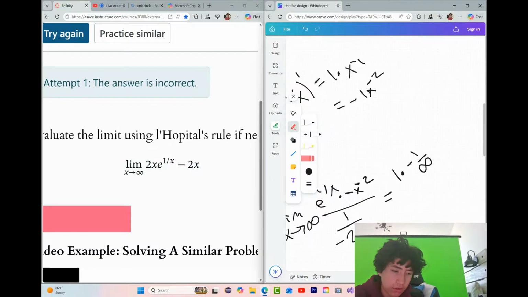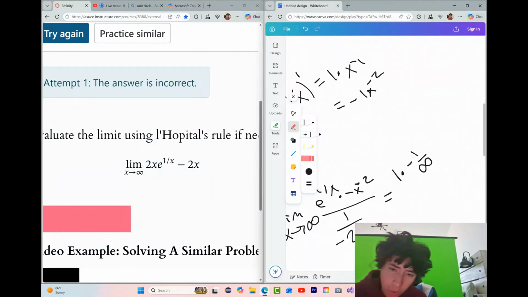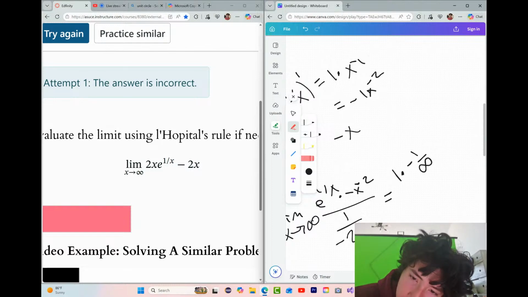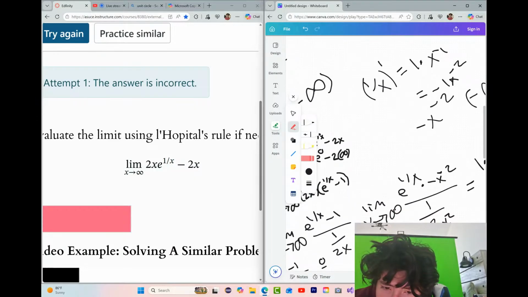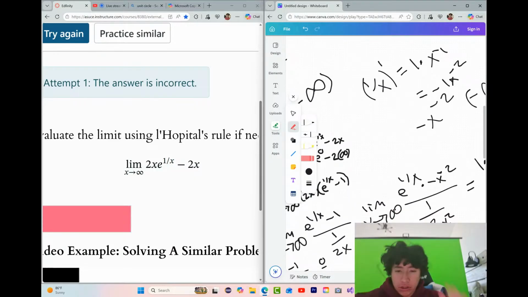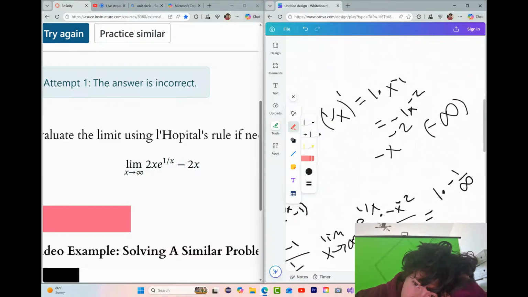So negative x to the power of negative 2, negative infinity to the power. The derivative of 1 over x.